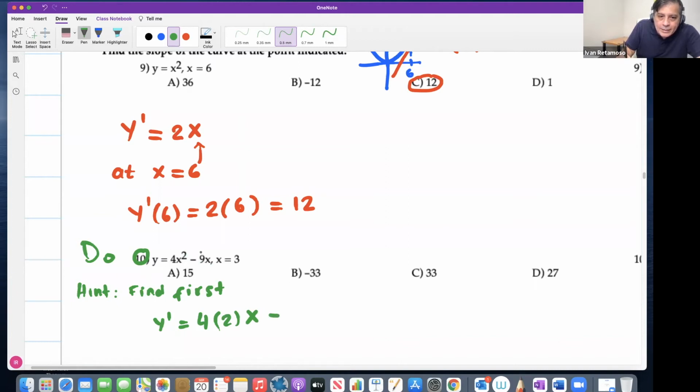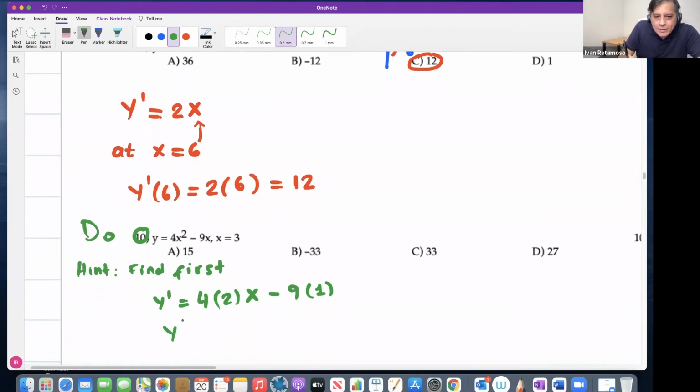Minus. The derivative of this part: 9 is a constant, multiplied by the derivative of x. But the derivative of x is just 1. So this is the derivative: y prime is equal to 8x minus 9. That is the derivative, right?